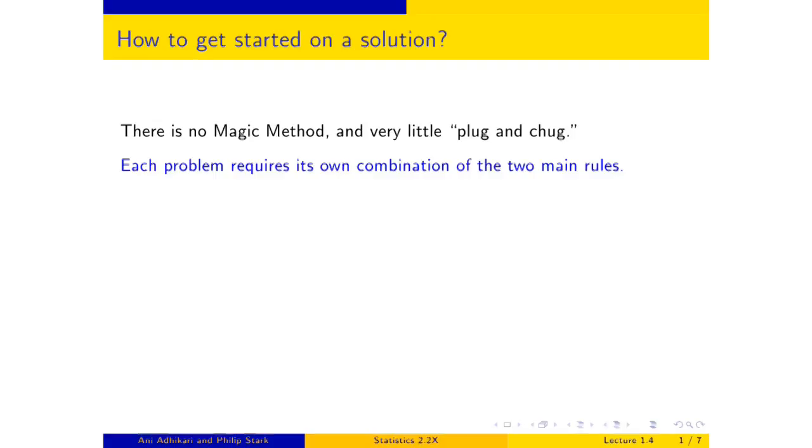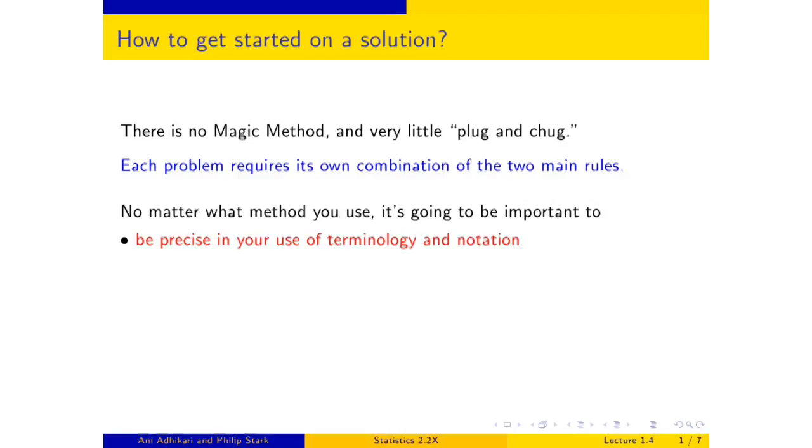Moreover, no matter which combination you decide to use, there are a few things that you have to be careful about. Precision in language, terminology, notation. Precision is really important because if you confuse something like "and" with "or," well, it's all over.